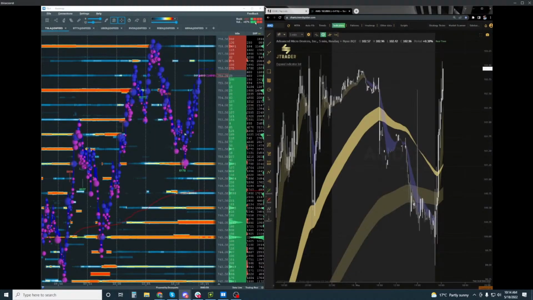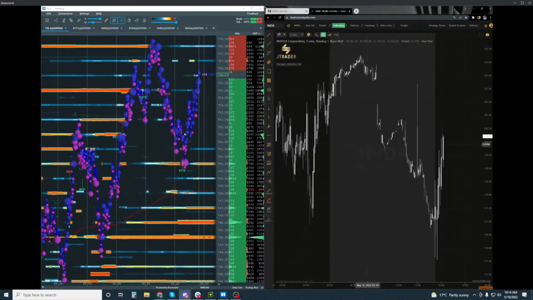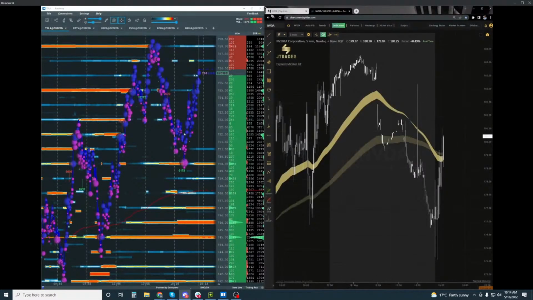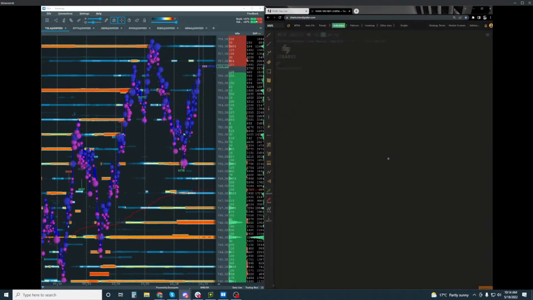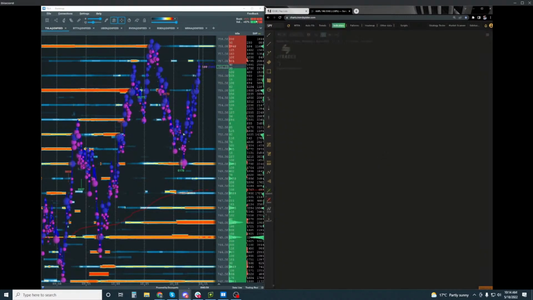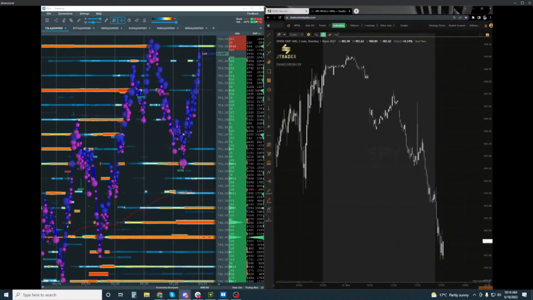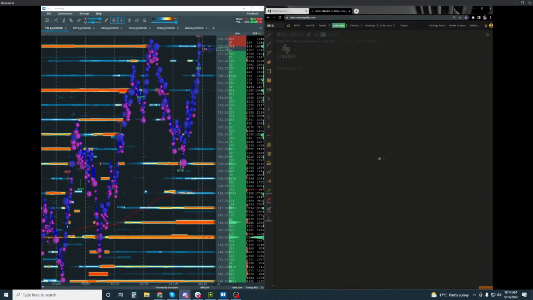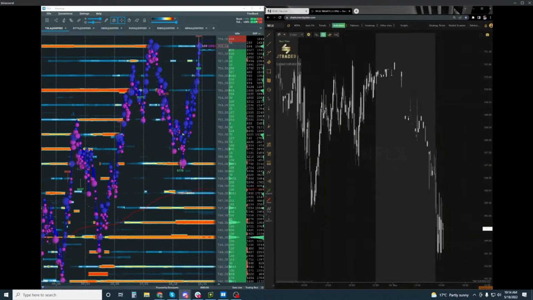I was looking at NVIDIA, which basically had a nice morning wash and then bounce. Apple was one of the main faders. SPY, one of the main faders over here. We also had Netflix, which was a pretty good fader.